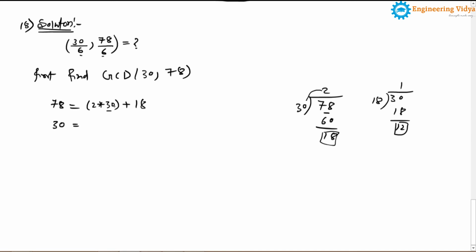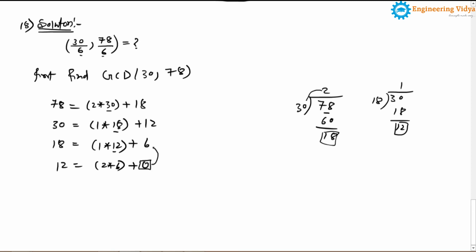So here we can write 30 is equal to 1 into 18 plus 12. Now after 18, we'll write 18 is equal to 1 into 12 plus 6. Now 12 we have, so we'll copy 12 over here and write 12 is equal to 2 into 6 plus 0. If 0 comes, we have to stop there, and the number before the 0 is the answer, which is 6.